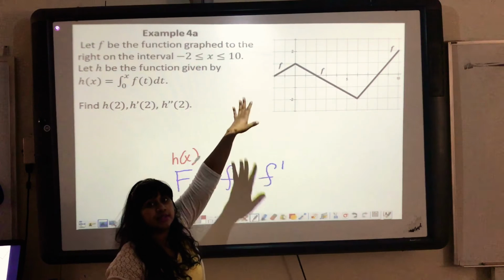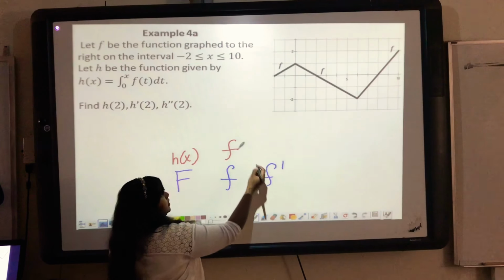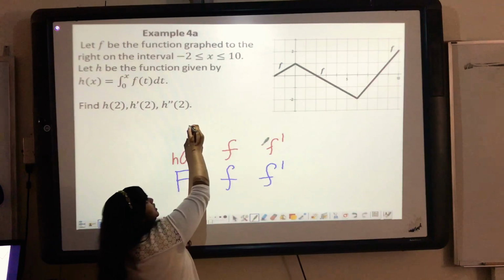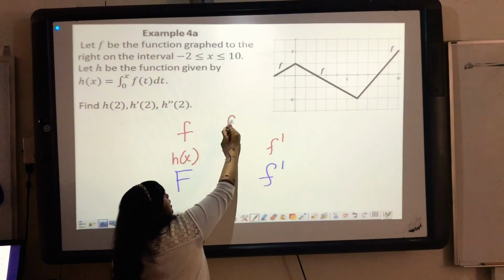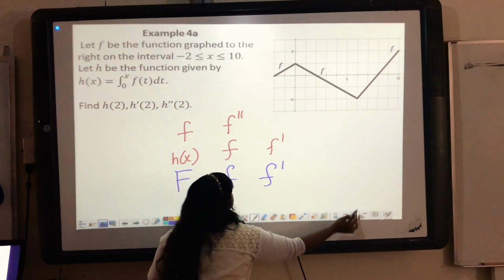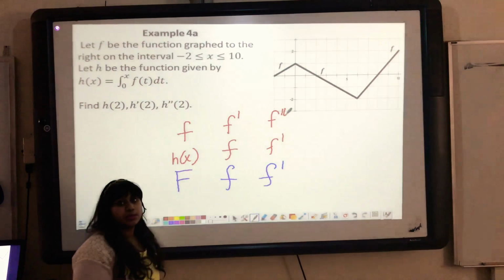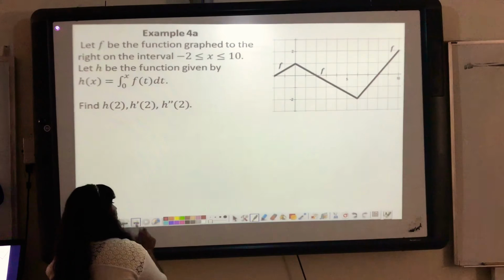So that's the function, and any derivative there beyond would be f prime. So what is this relationship? F prime and f double prime. So that's the relationship we're going to explore.